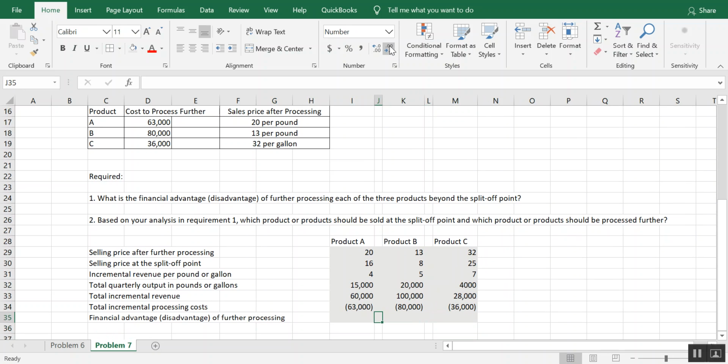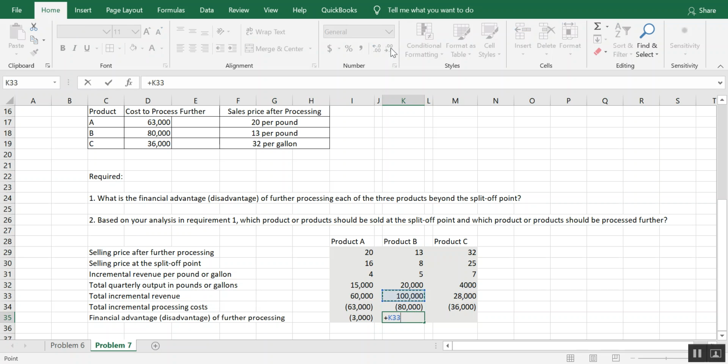And now when we compare these, we take the 60,000 minus the 63,000, and we have a negative $3,000, and that means that's a disadvantage. It will cost us more to process it further than what we would make in revenue if we processed it further.